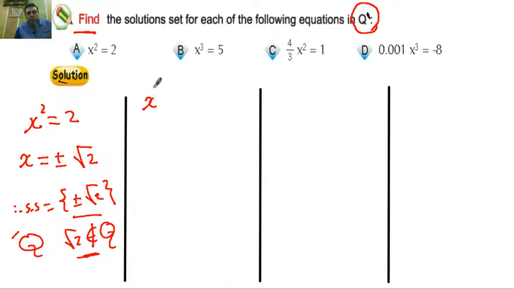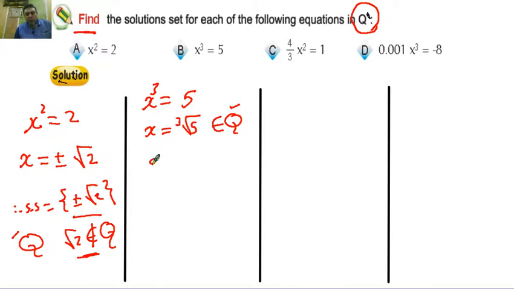x cubed equals 5. By taking the cube root of both sides, x equals cube root of 5. Cube root of 5 belongs to Q dash because 5 is not a perfect cube.